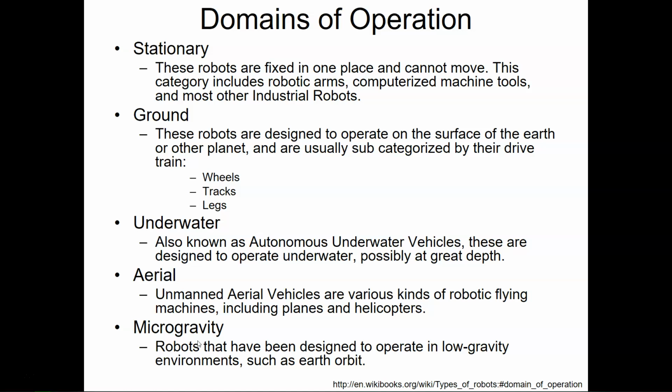And then you have ones that are designed to work in microgravity. You have the robot arm on the space shuttle that they use to launch satellites all the time. If y'all remember those, they open the big bay doors on the back and use the robot arm to throw things out. Those work in microgravity.